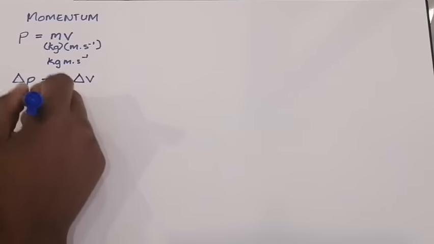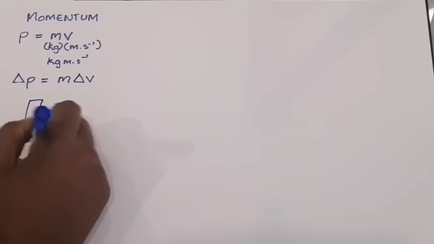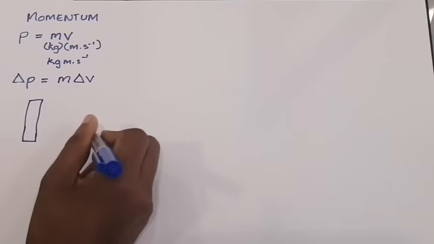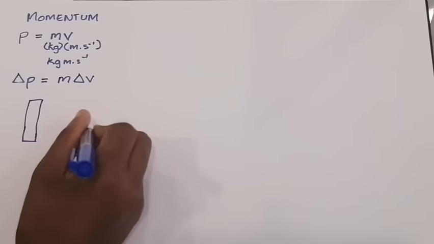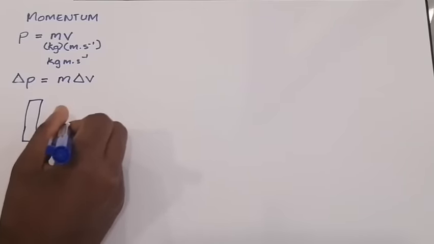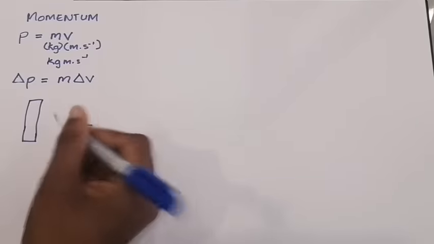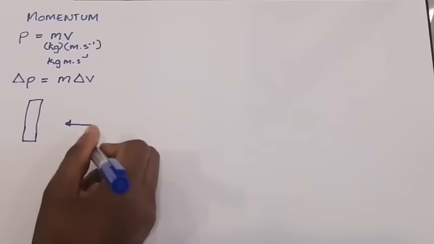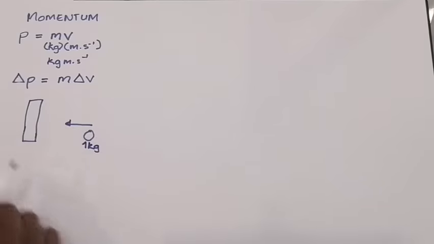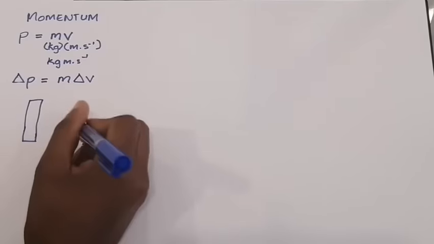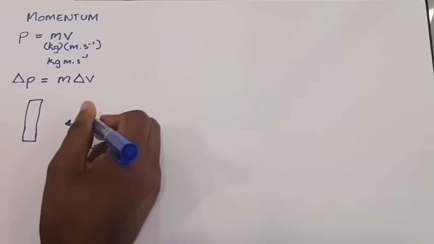Suppose, for argument's sake, we've got a wall. Someone kicks a ball and it's moving towards the wall. Let's say the mass of the ball is 1 kilogram. Ooh, that has to be a very heavy ball. The mass of the ball is 1 kg.